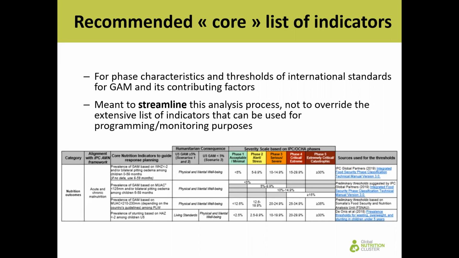So for example, here at the bottom of the screen, apologies for the small writing, is the prevalence of stunting, which would be more relevant for scenarios 1 and 2 in living standards. However, for scenario 3, where global acute malnutrition levels for children under 5 are concerning, it would be more important for the physical and mental well-being subpillar.